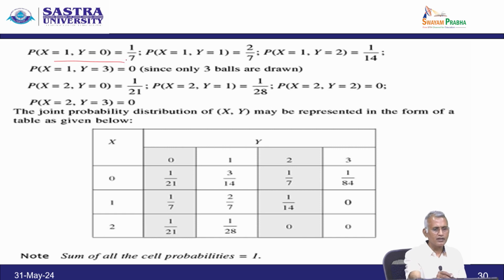Therefore, for x equal to 1 and y equal to 0 it is 1 by 7, for 1, 1 it is 2 by 7, 1, 2 is 1 by 4, 1, 3 is 0 since only 3 balls are drawn, 2, 0 is 1 by 21, 2, 1 is 1 by 28, 2, 2 is 0, and 2, 3 is 0. Therefore, the joint probability distribution is represented in the form of a table, and you can check that all the sums equal 1. So, this is called the joint probability distribution of x and y.